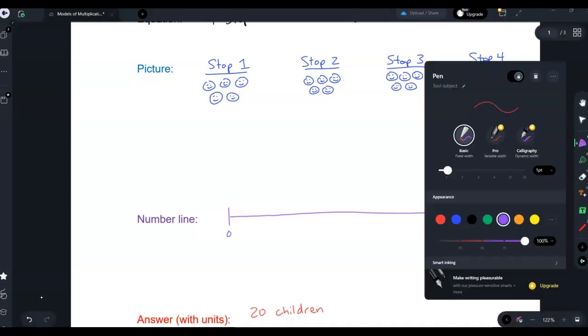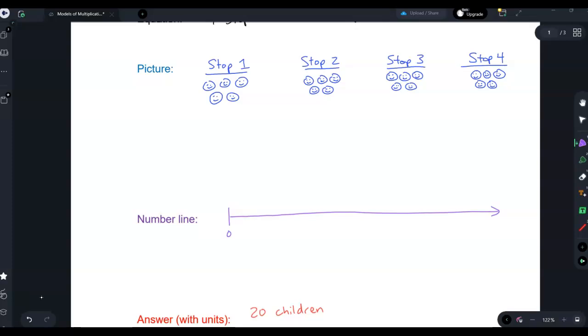But again, your student wouldn't know that, so they could just go out as far as they think they need to, and if they end up needing to go further, then they'll just erase the end and keep going. And then you may want to go a little bit past 20 as well, just so you're not giving away what the answer is. In this case, I kind of ran out of space, so I did just go out to 20.